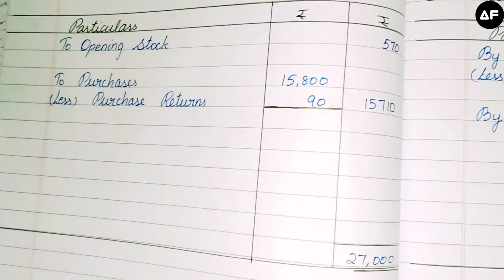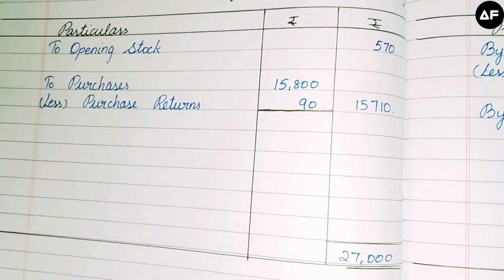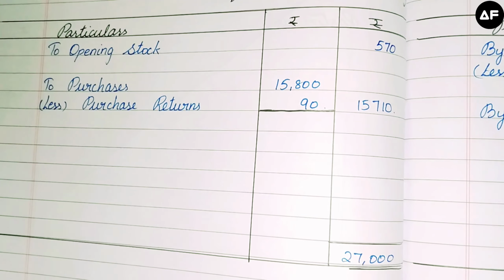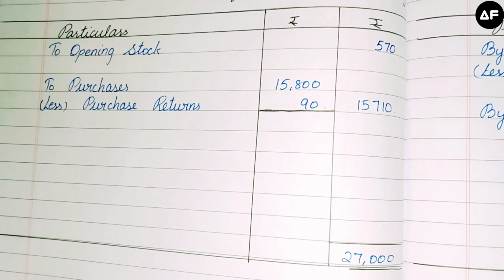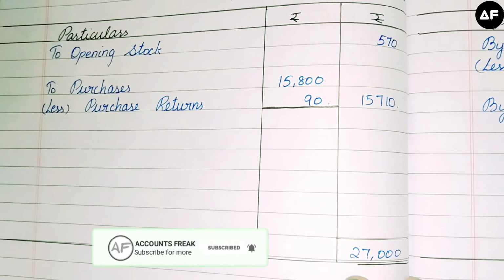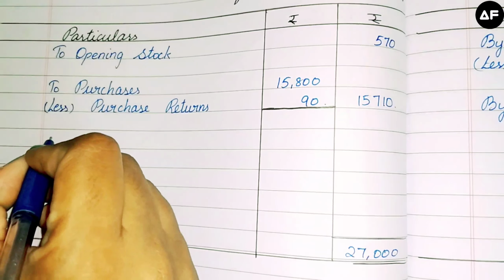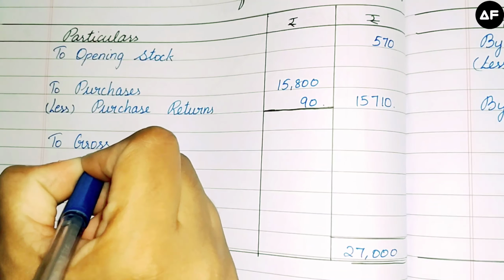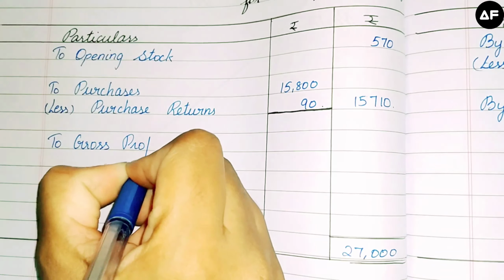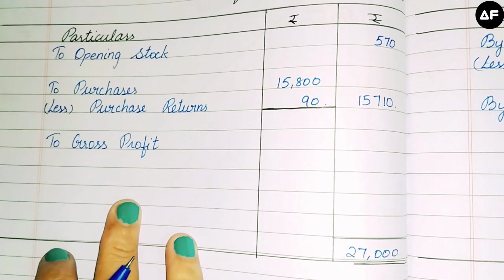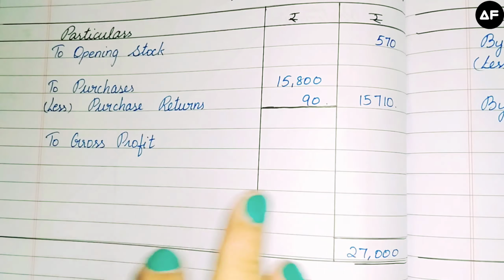Now I'm moving to the debit side, which has the least total, which is 16,280. Therefore, my gross profit, the difference between the grand total and the least total, is going to come on the debit side of my trading account because the debit side has the lowest total.